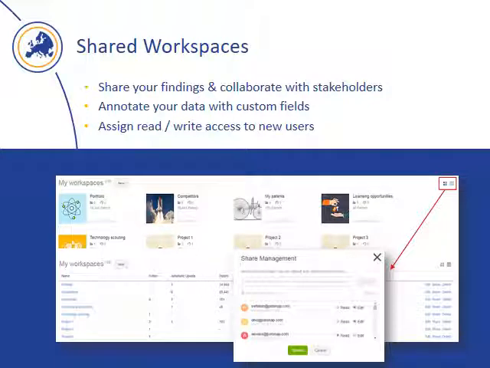There is this concept also in PatSnap of shared workspaces, and this also gives me the opportunity to show you what such a workspace looks like. You have a symbol, you have a name of the workspace given by you, and you have the number of patents contained, and then you can have different workspaces for different topics or different customers, and you can make a share management.